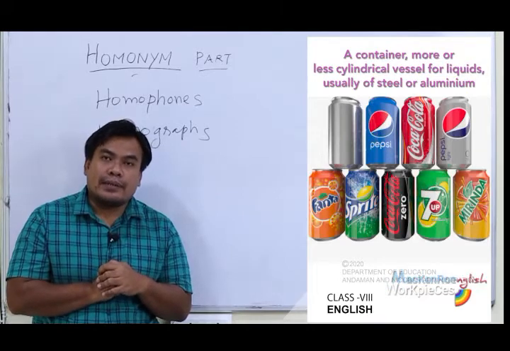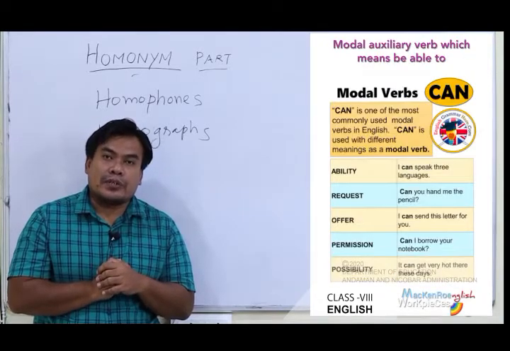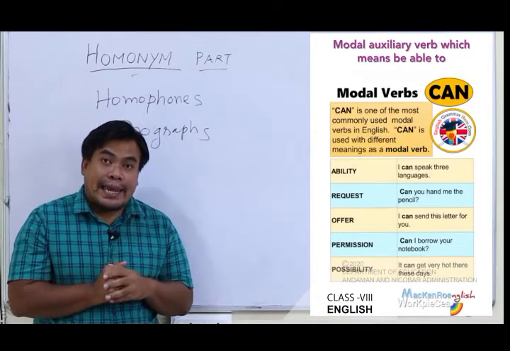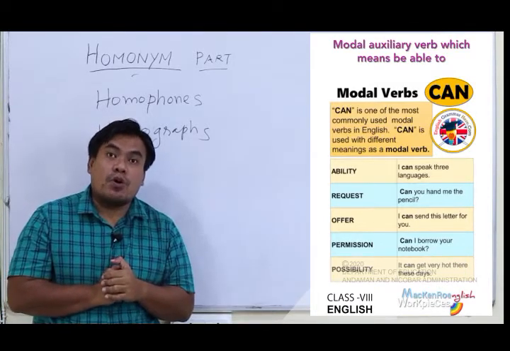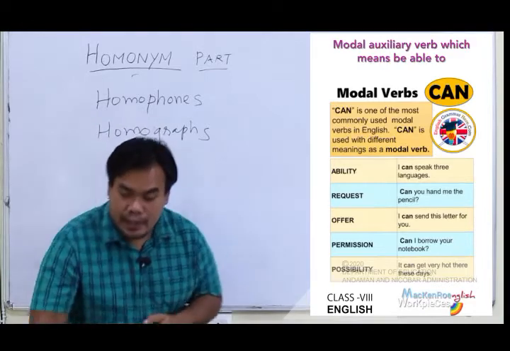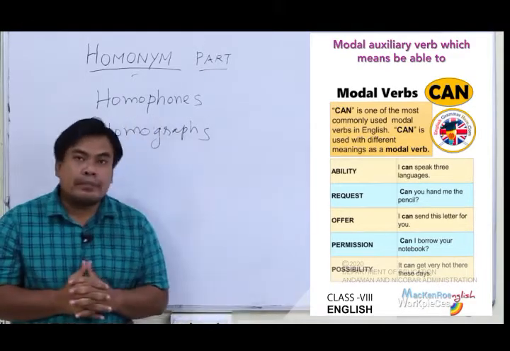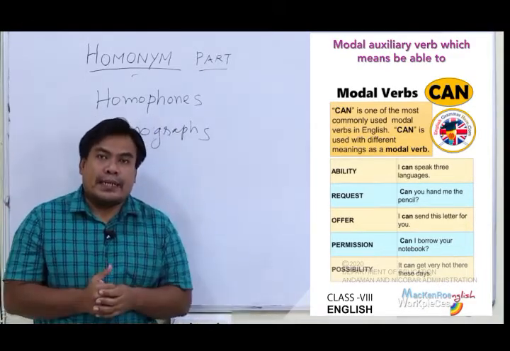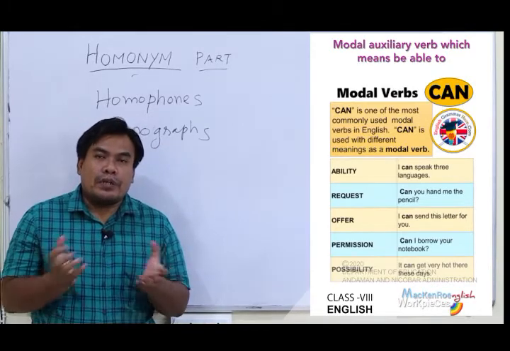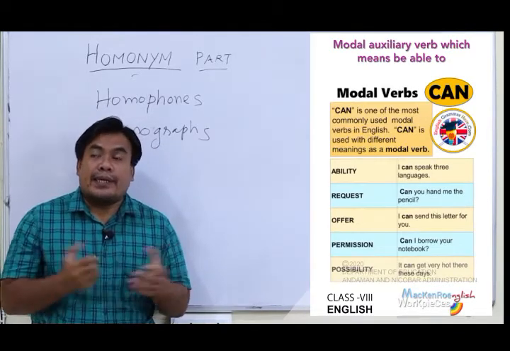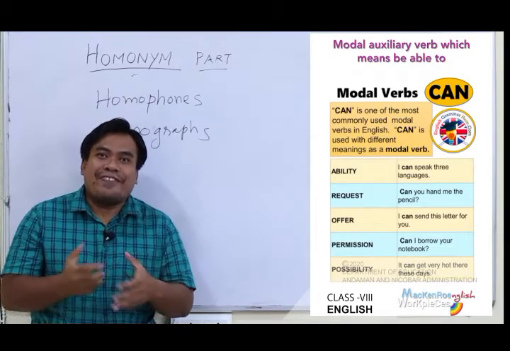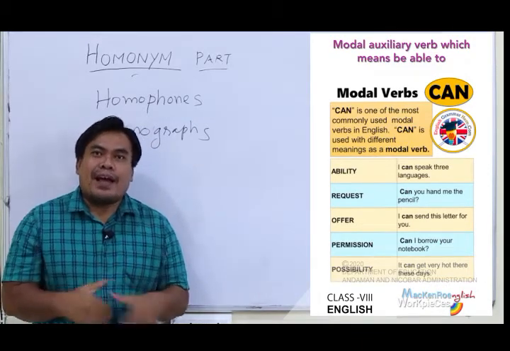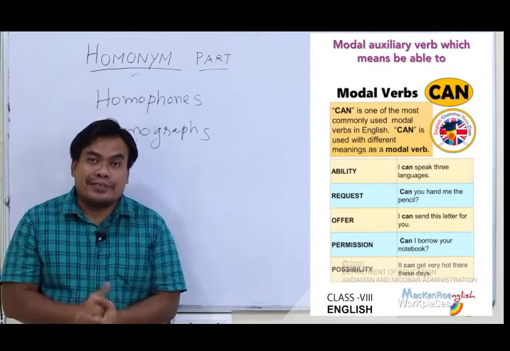Yes, you are right. Whatever you are thinking right now is correct. The second can, which is coming right away on your screen, is the modal verb. What is a modal verb? Possibility, ability. Suppose if you can fly, for example, I can fly because I've got wings.